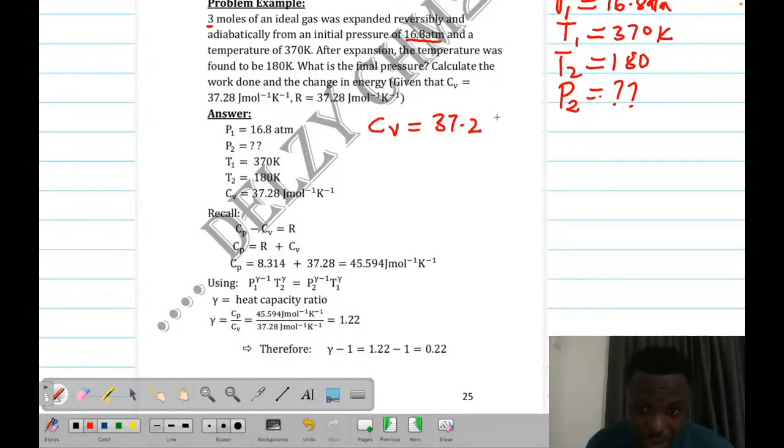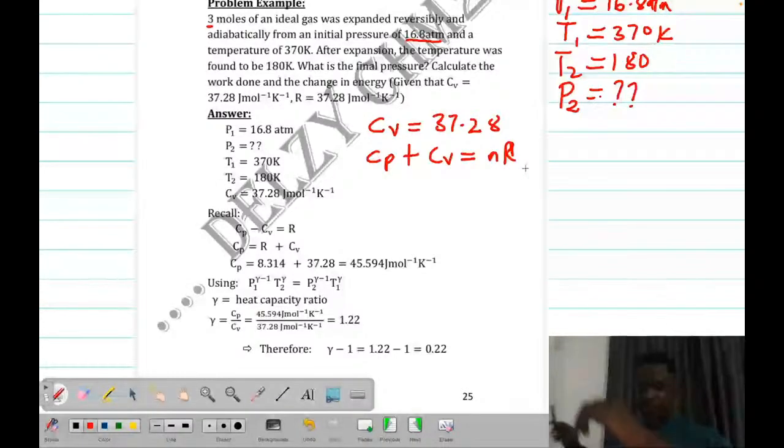Please just watch out and see how I want to get my gamma. They gave me Cv to be equal to this. They did not give me Cp, but I know that Cp plus Cv equals nR. Please watch what I'm doing here. I'm only guiding us on how to get this correctly.